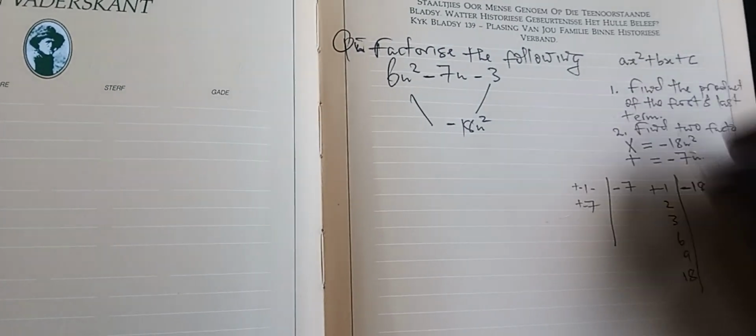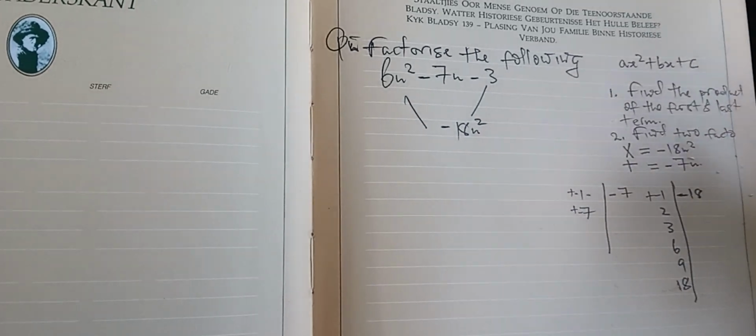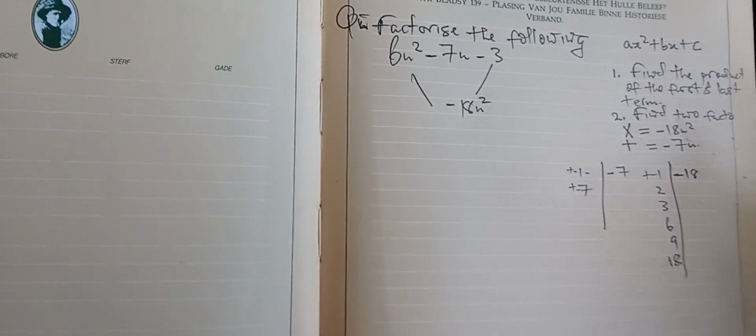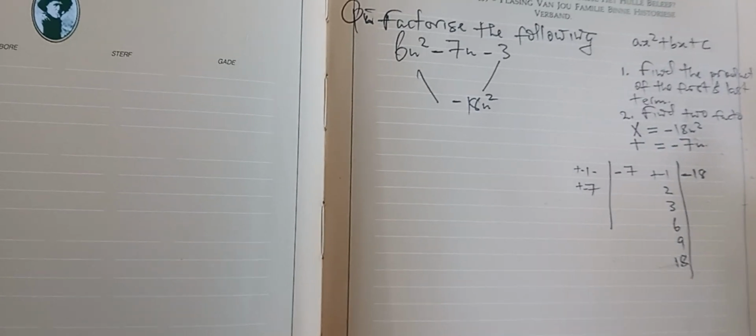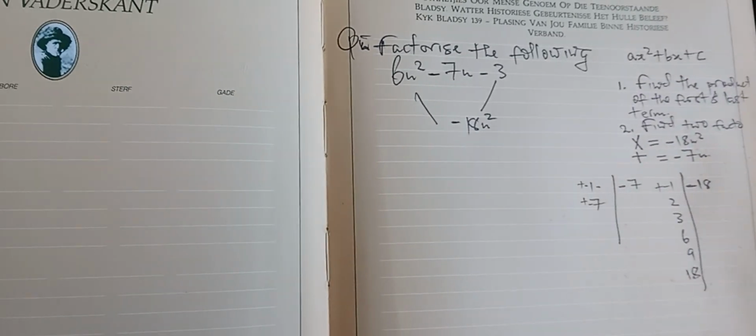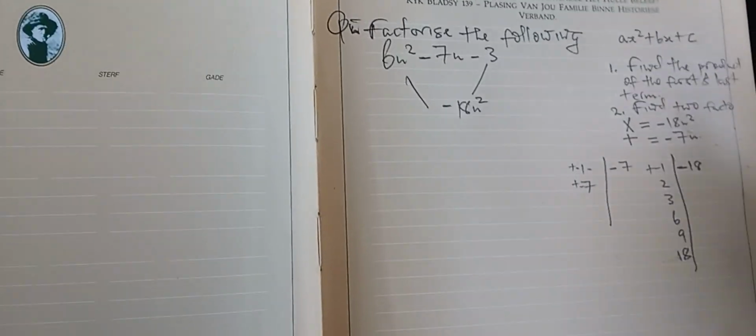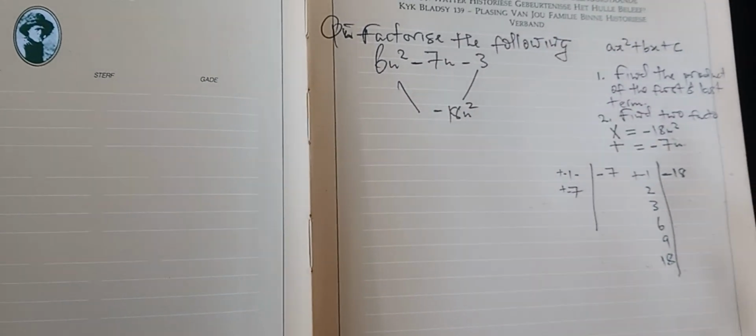And remember, these are going to be positive or negative numbers. And out of these numbers, that is where you are going to find two numbers, such that when you multiply them, you get a negative 18n squared, and when you add those numbers, you get a negative 7n.